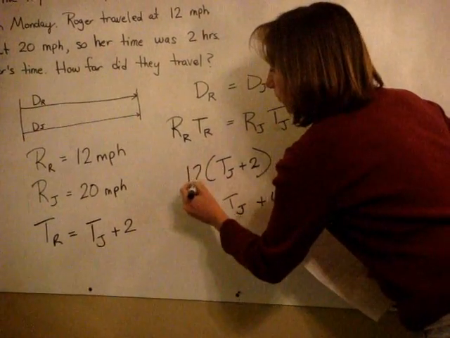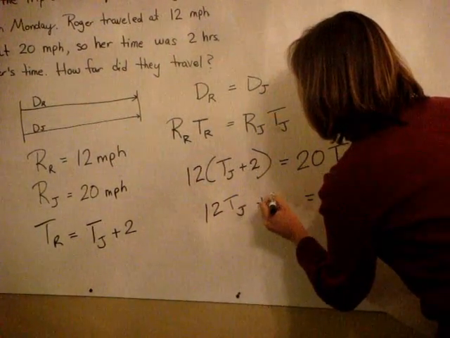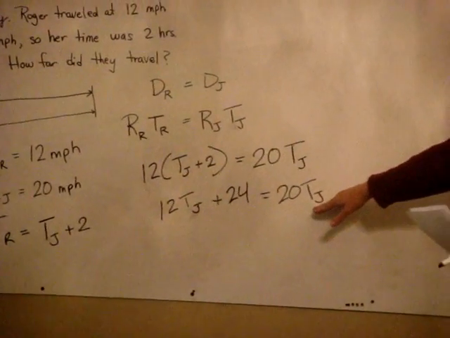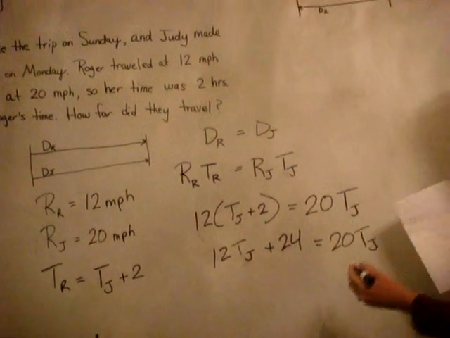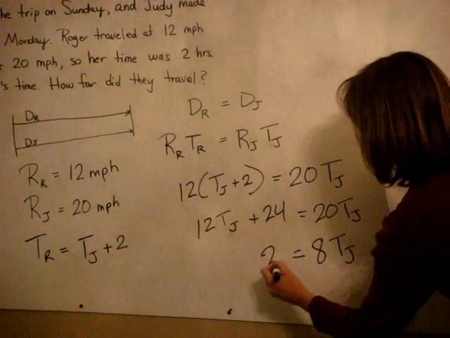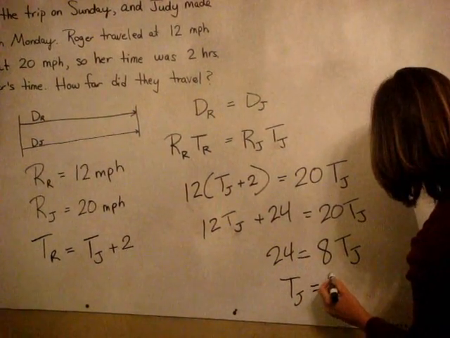Oh, it's terrible to mess up on camera. 12 t sub J, and then this would be 24. So we're going to get all our t sub J's on one side. We get 8 times the time of Judy equals 24. And the time of Judy equals 3.